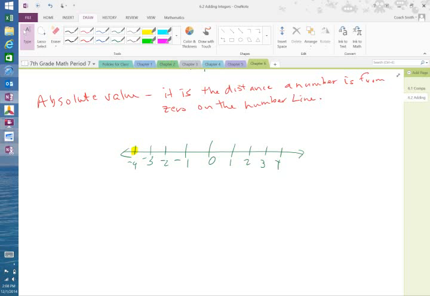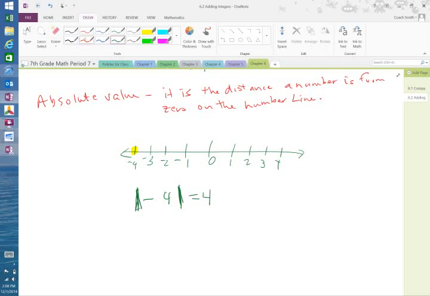The absolute value is noted by these two parallel lines right here. These two lines tell me that we want to take the absolute value. The absolute value of -4 is 4, because that's how many units -4 is from 0.